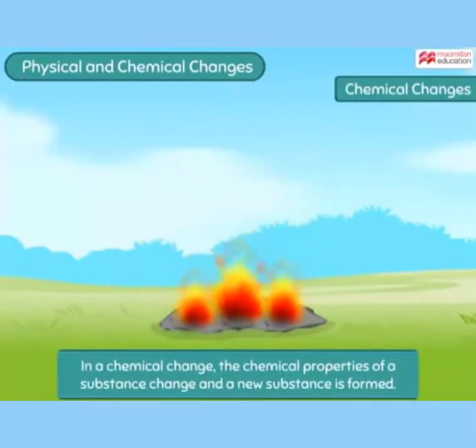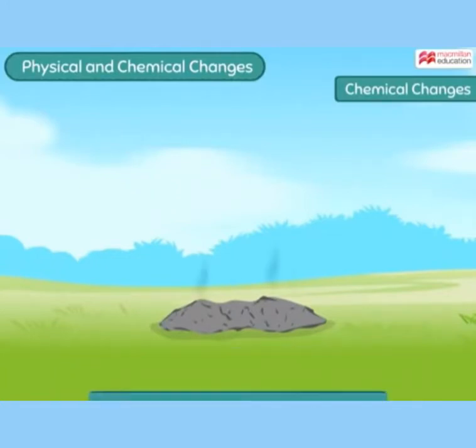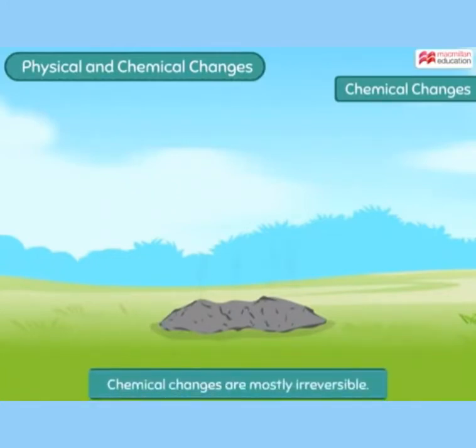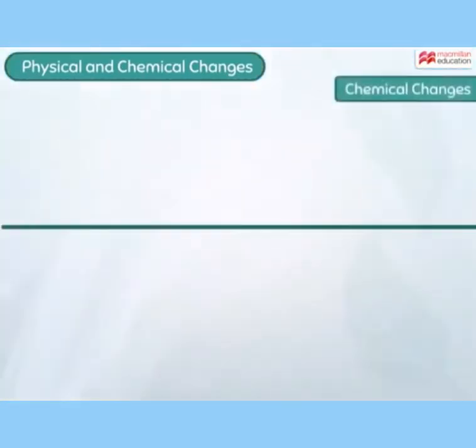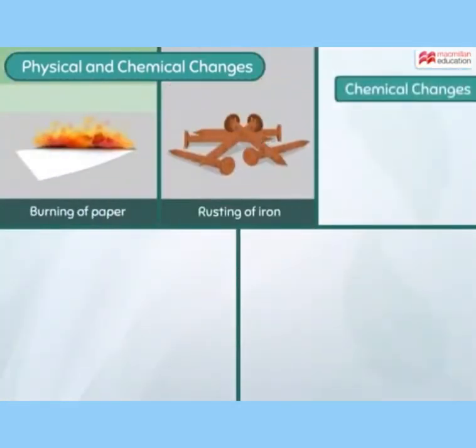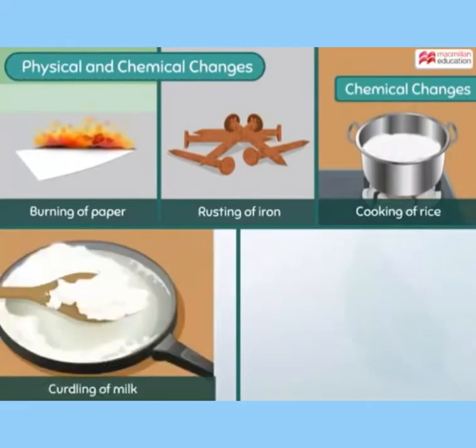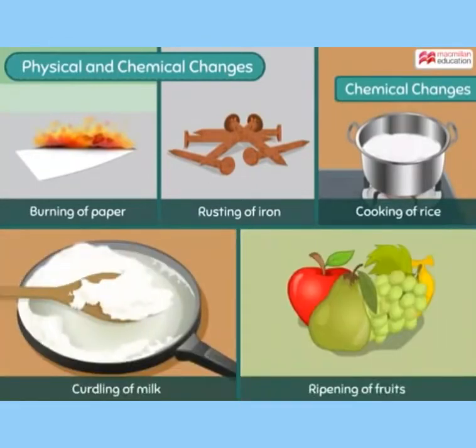So, in a chemical change, the chemical properties of a substance change and a new substance is formed. Chemical changes are mostly irreversible. For example, burning of paper, rusting of iron, cooking of rice, curdling of milk and ripening of fruits.